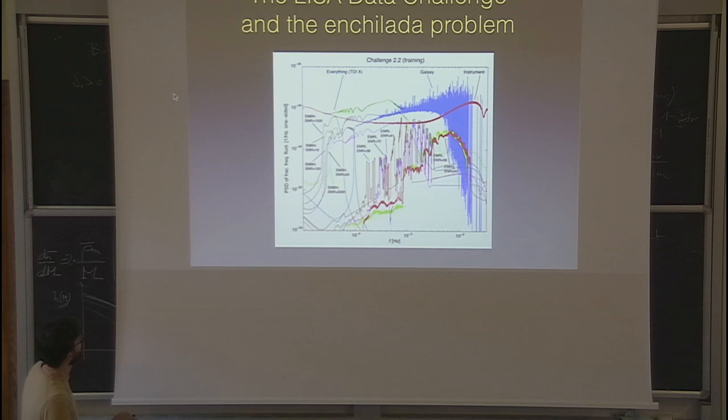For instance, I mentioned already this morning that in LISA there will be hundreds of thousands of white dwarf binaries in the galaxy which are in band, so many that some of them will degrade the sensitivity of the instrument, and at least 10,000 of them should be resolvable.